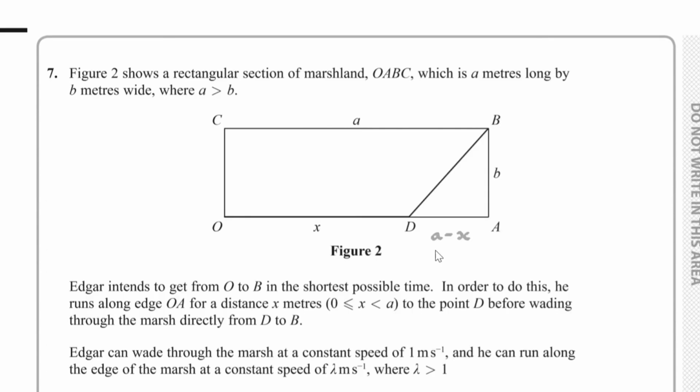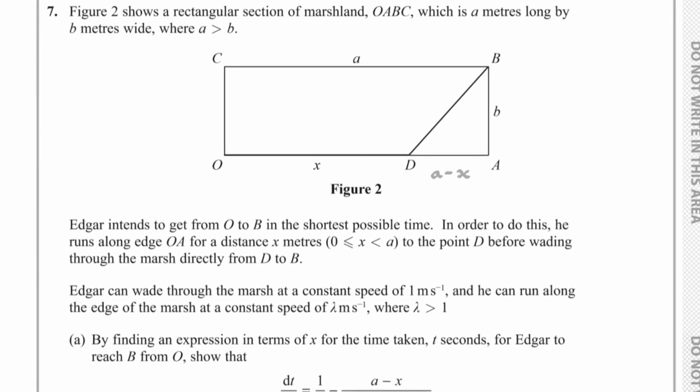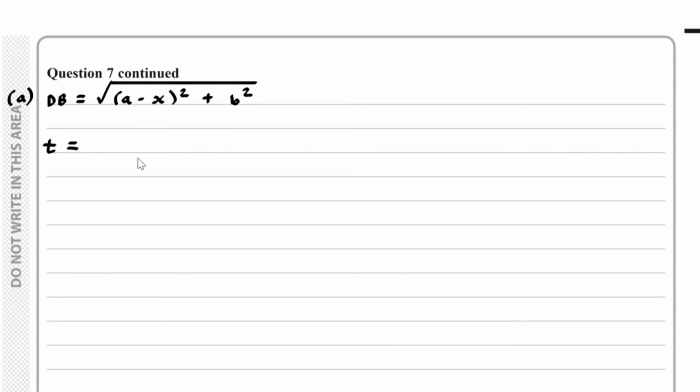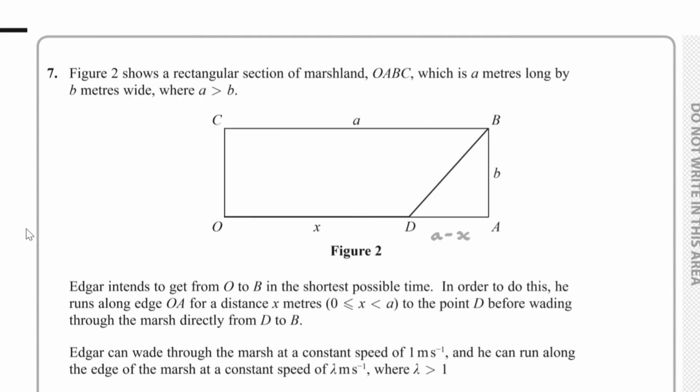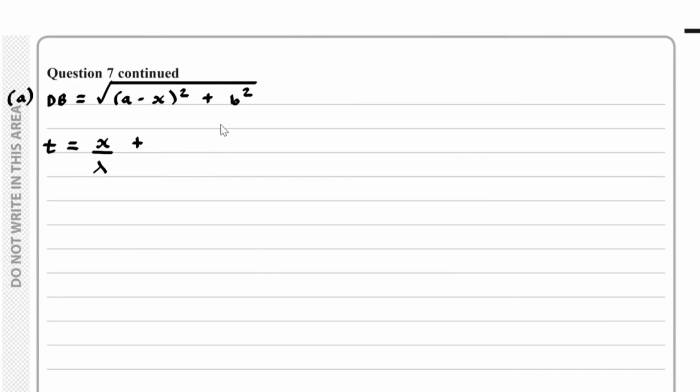So for the time, from O to D, we've got a distance x and we've got a speed lambda. So the time from O to D is x over lambda, and then we will add on to this the time taken from D to B. Now we know what DB is.